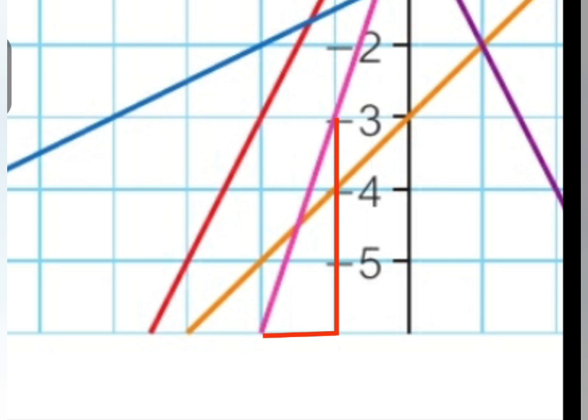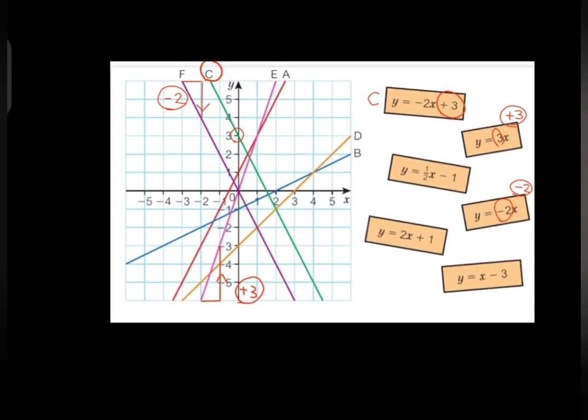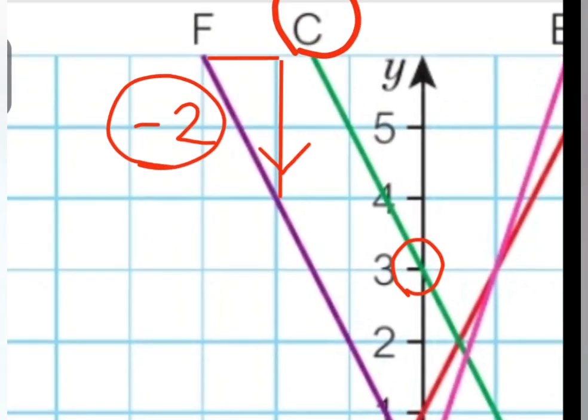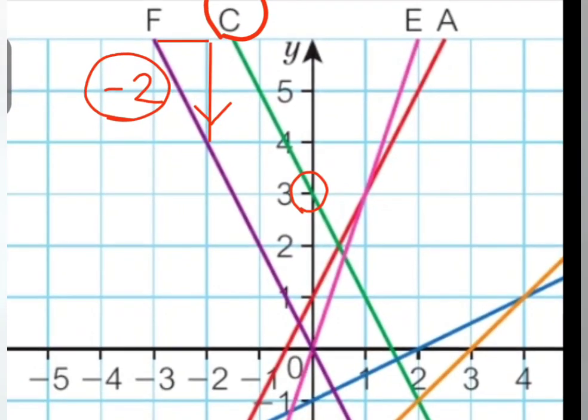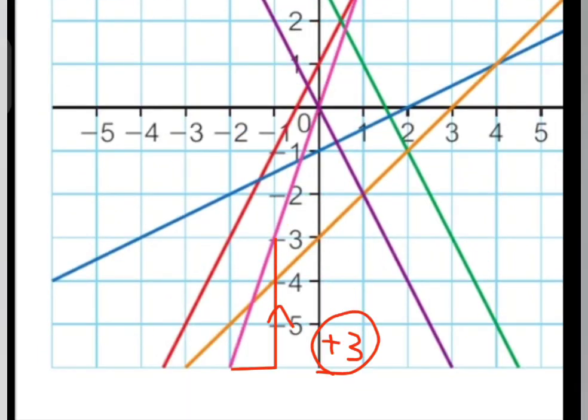Now, to go back to the line, we went up. So the gradient is positive for this line. And then how many boxes did we go up? Very good. It's 3. So the gradient is positive 3. So we understand that the gradient for F is negative 2, and the gradient for E is positive 3.